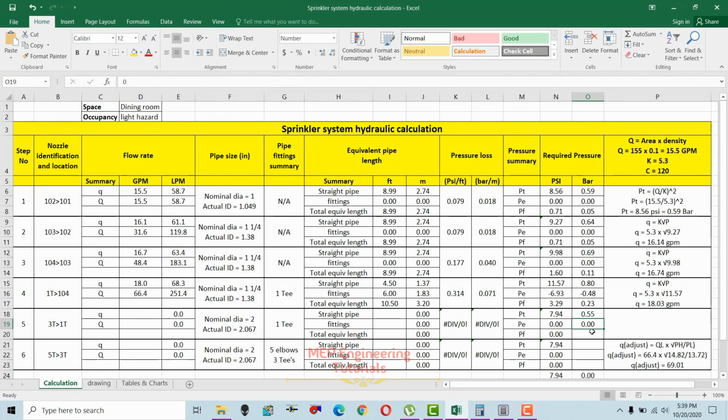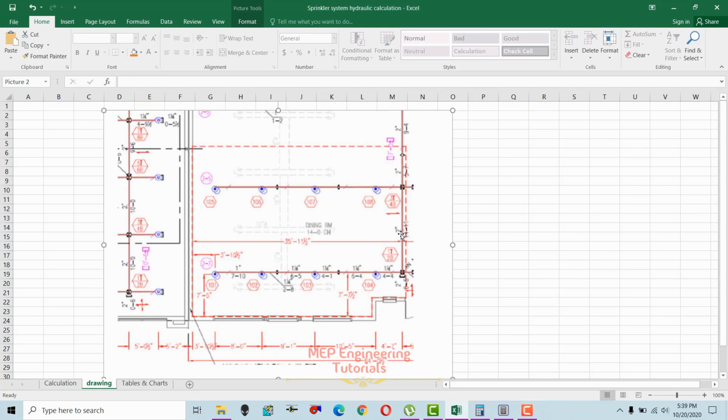And how will we get the total pressure due to pipe friction? As you can see, at this point the pipe diameter is 2 inches, as shown in the drawing.